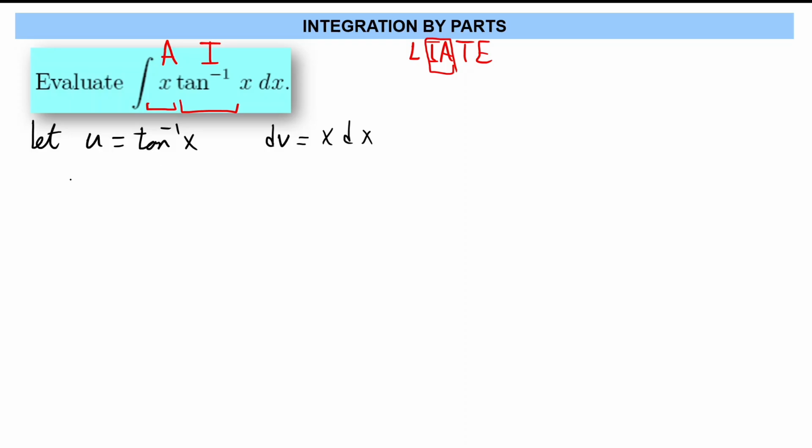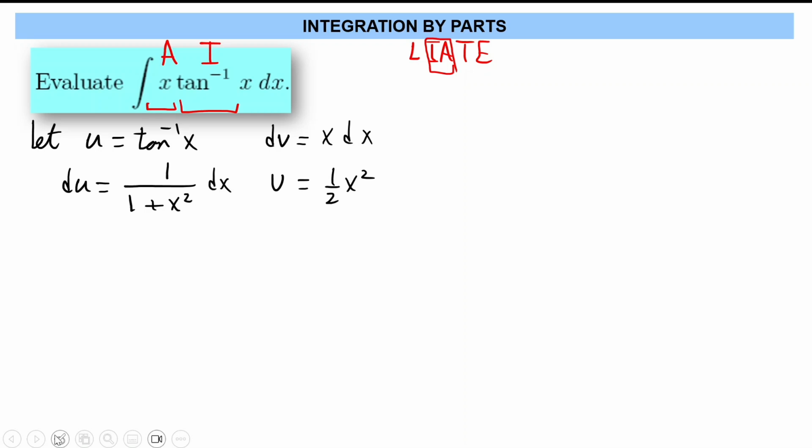Now, what's the derivative for U, du? This is something you need to know from Calc 1. The derivative of tan inverse is 1 over 1 plus x squared dx. And what's the integration for V? This is the easy one, half x squared.